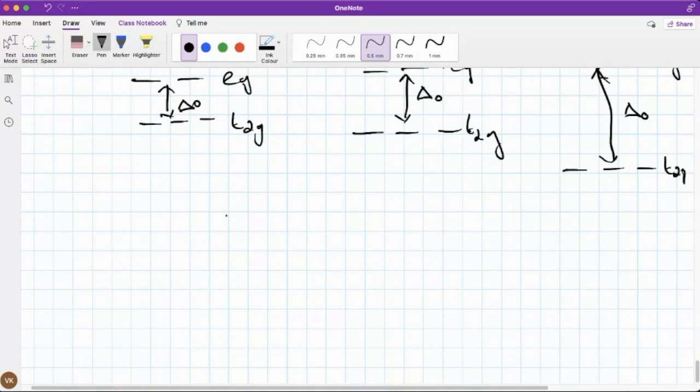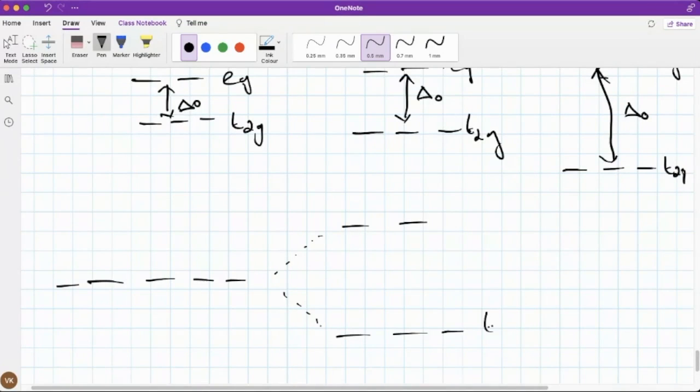For example, we know that they split as T2g and Eg.